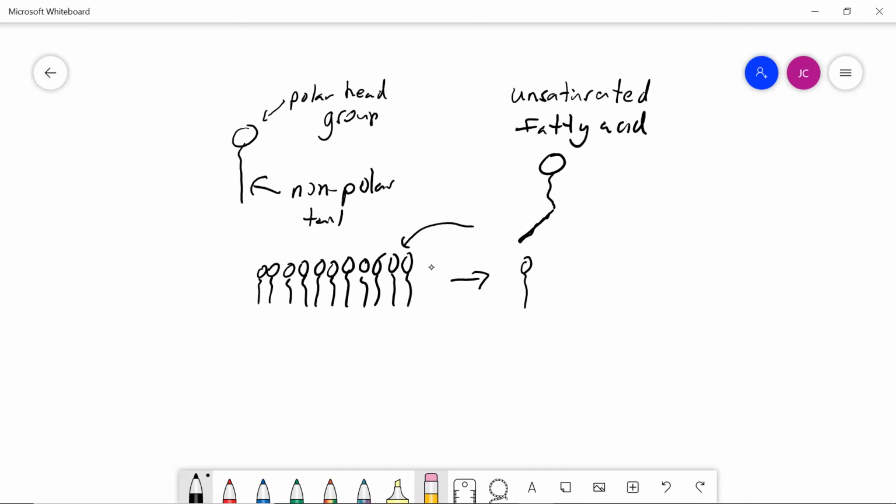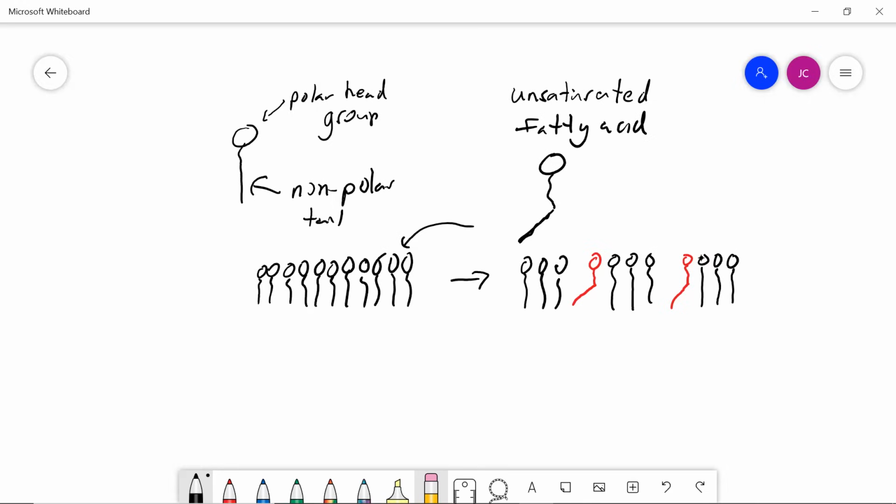You would see that lipids surrounding it require more space through steric interactions. Those neighboring lipids can't get as close in contact because of that bend in the chain. Since they can't pack as closely, they're more likely to be more fluid at room temperature.